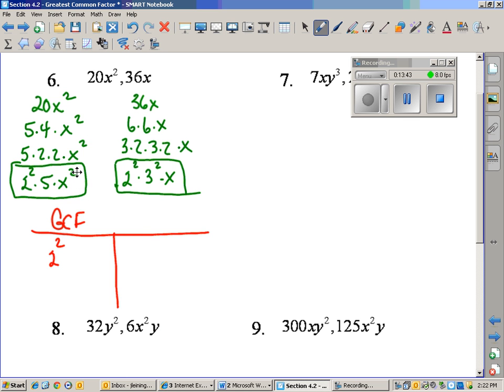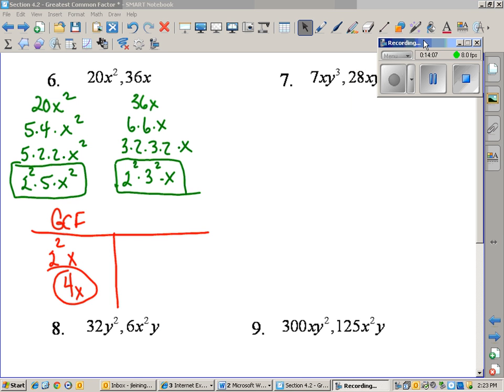I've got an x squared here, which means x times x, but I've just got 1x over here. So all I can write down is 1x. That's all they have in common. And now I'm going to multiply my number out, and 2 squared is 4, so 4x is the GCF. Pretty easy, huh?